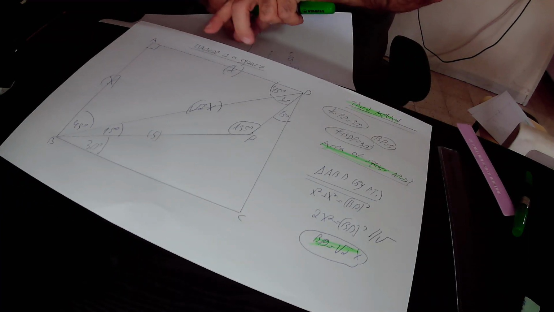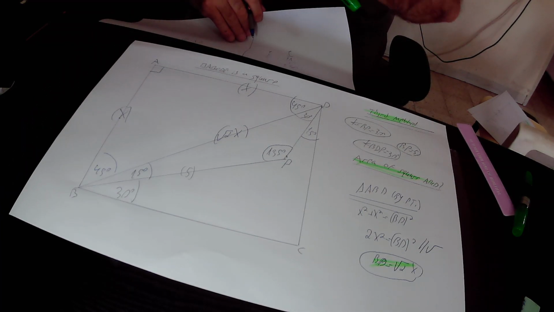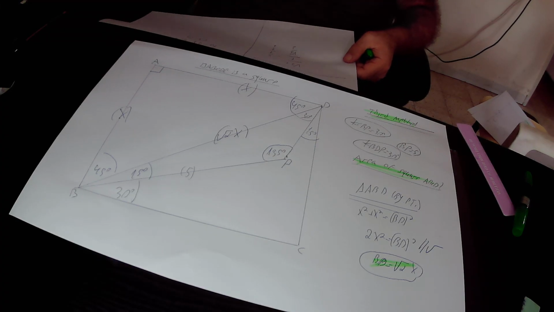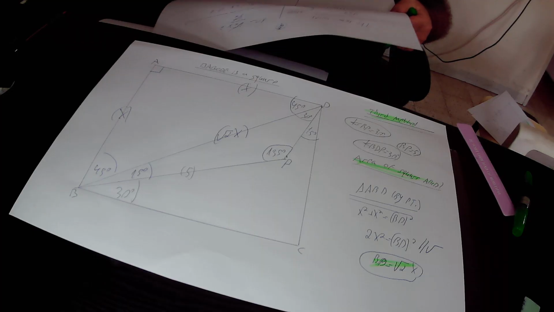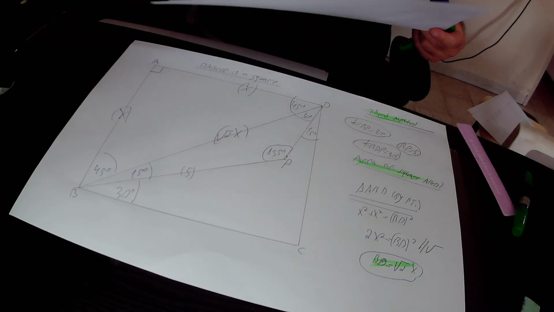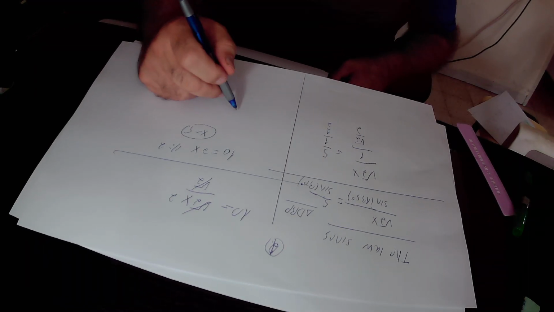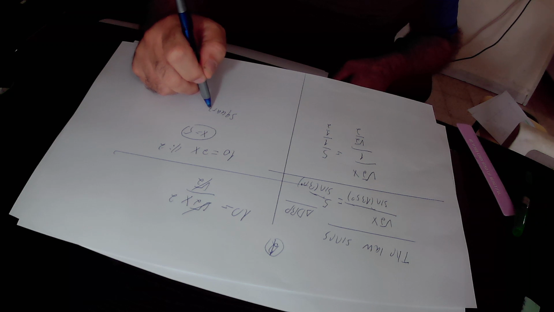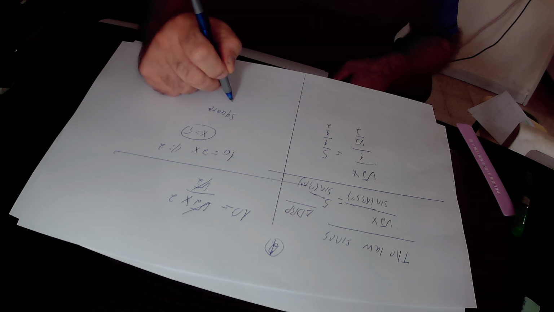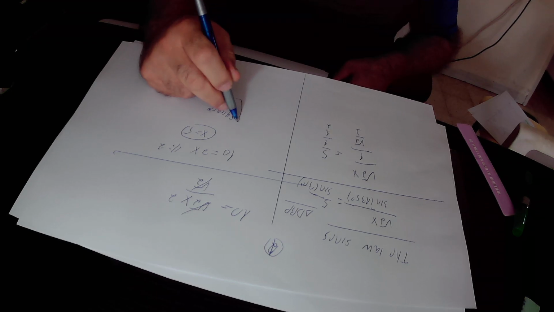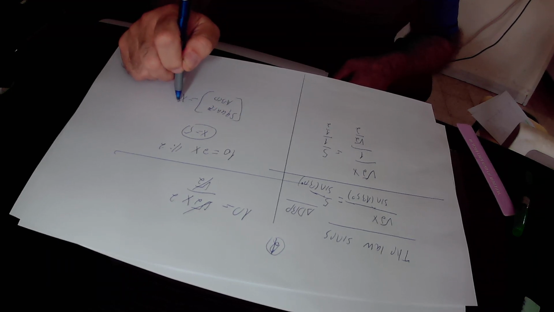X is the length of one side of square ABCD. X equals AB. What else is there to find out? We have this square ABCD, and its area is equal to x squared.